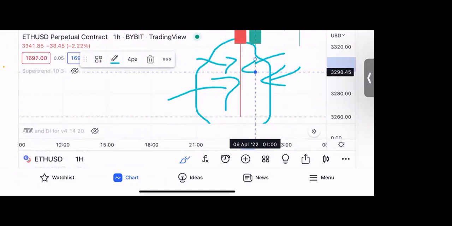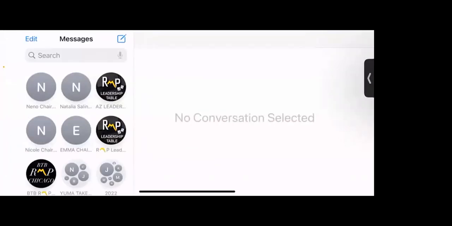Take a screenshot of what you see and send it to me. I want to see what you see on your screen. All I see is the dotted line.